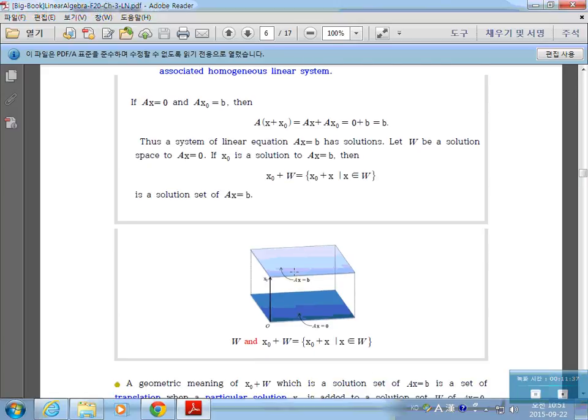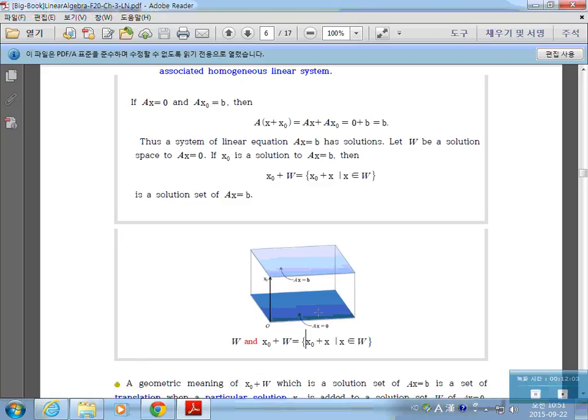Okay. Here, what this means is this. If you have a non-homogeneous linear system of equations like this, then you can think of the associated homogeneous linear system of equations AX is equal to 0, like that. Finding the solution set for this associated homogeneous system of equations by using REF is very easy.